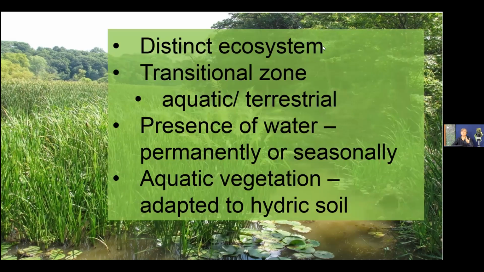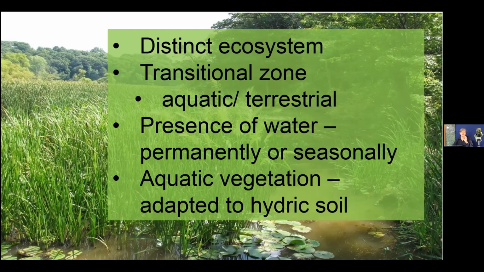If we look at it, we know it's an ecosystem. As I said, it's a transition zone. There's lots of water, and that water can be there permanently, or sometimes for as little as 7 days, as might happen especially in areas of a forest, where you have snow melt that sits in small pockets within that forest.